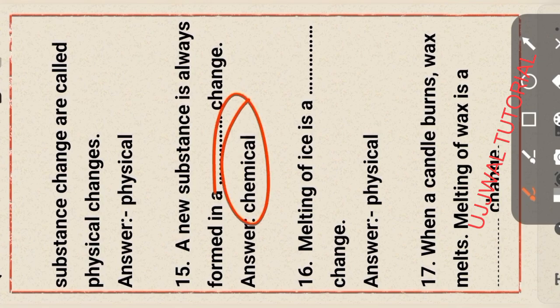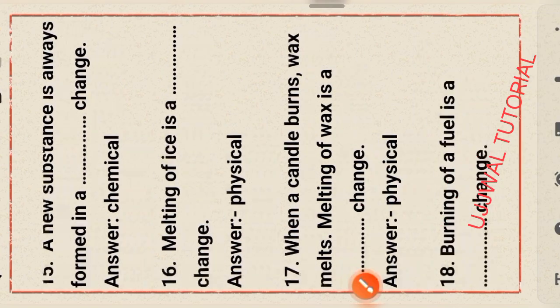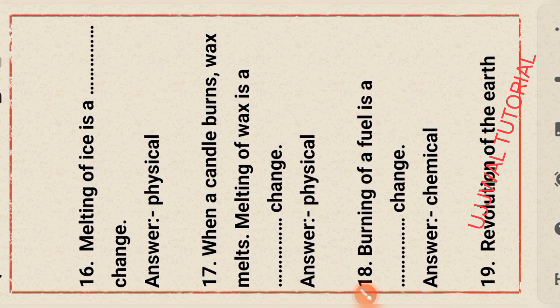Next question, melting of ice is a physical change, with melting point, boiling of water, etc. It is a physical change. Next question, when a candle burns, the wax melts.